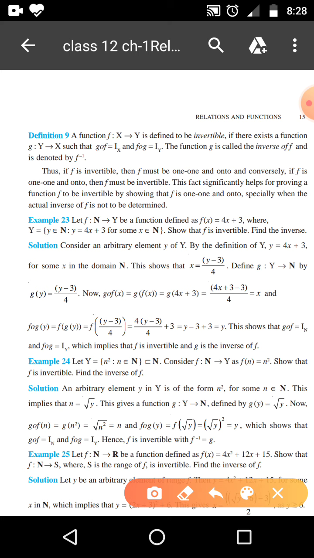If f and g are two functions and g is the inverse of f, then to show this function is invertible, we need to show f inverse composition f is equal to Ix and f composition f inverse is Iy. And the second one is, if f is invertible, then f is 1-1 and onto.